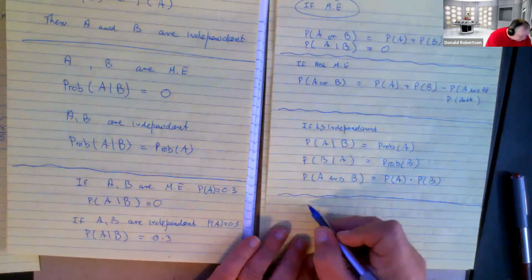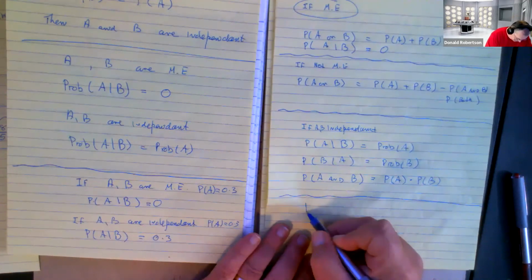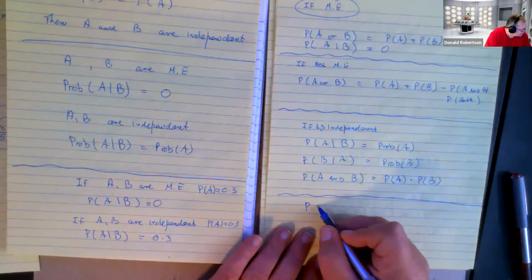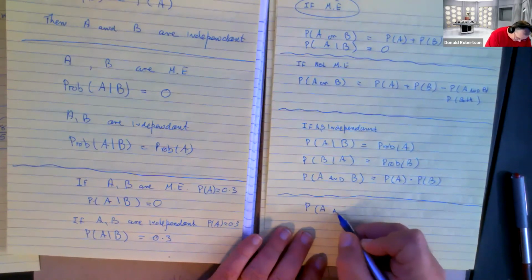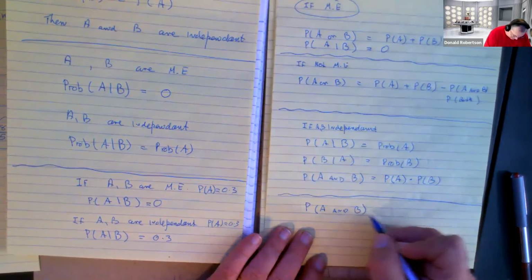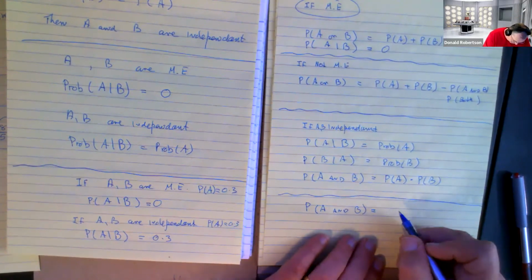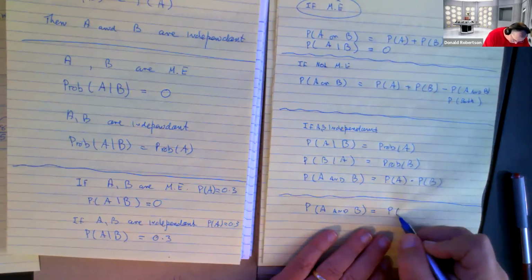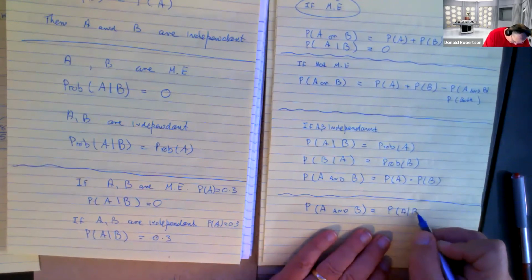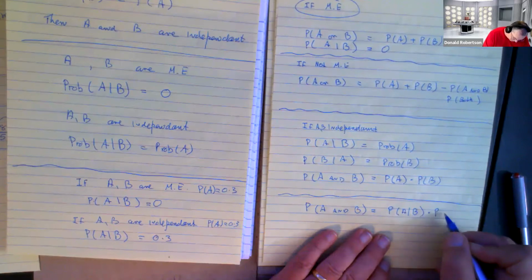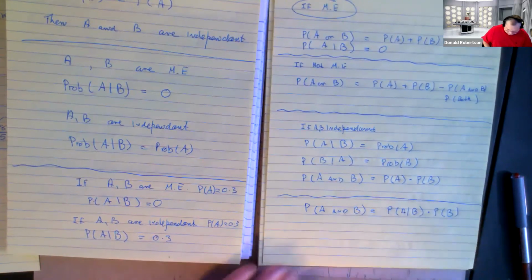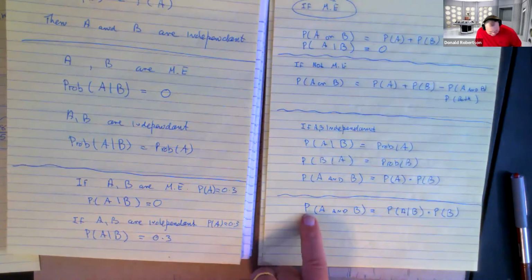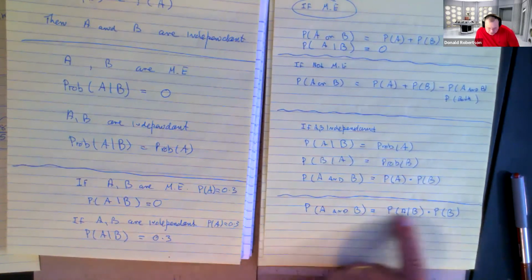So I'm now going to show you yet another formula. Where's my little list? I should keep them all together. Yeah, here's my little list. Here's another formula that we can use. The probability of A and B happening is the probability of A given B times the probability of B. And this works, right?